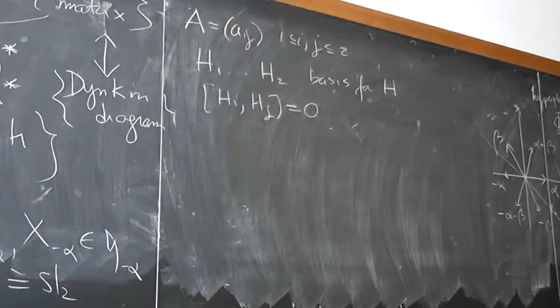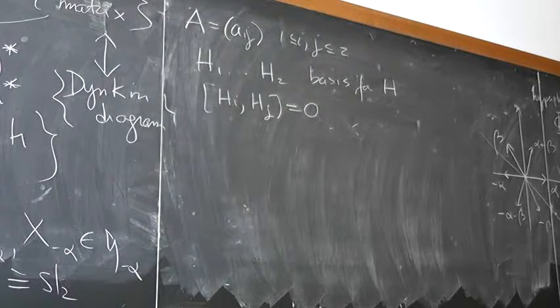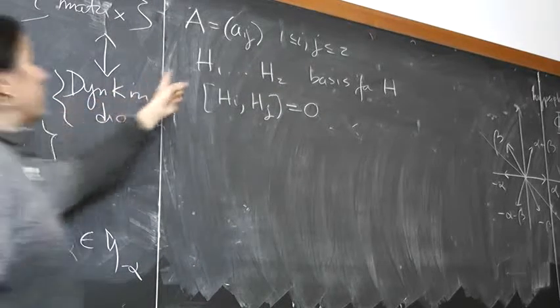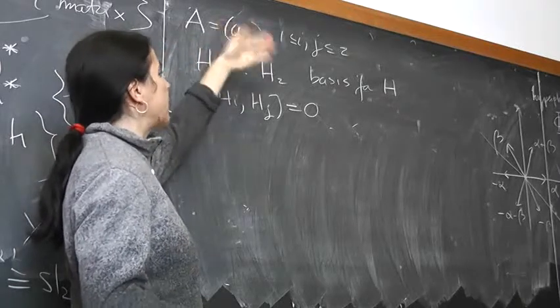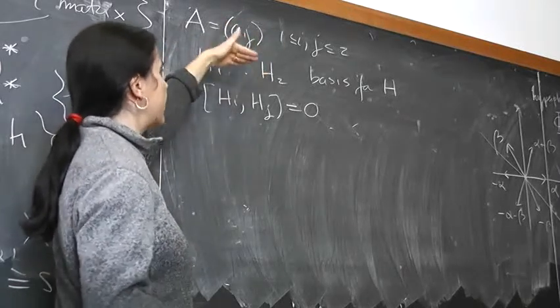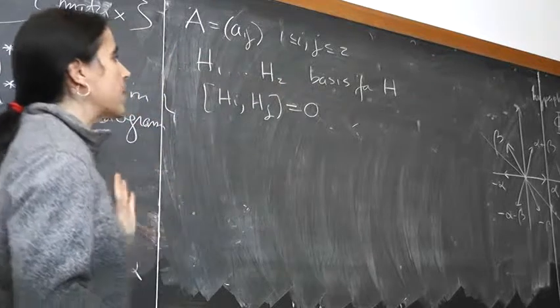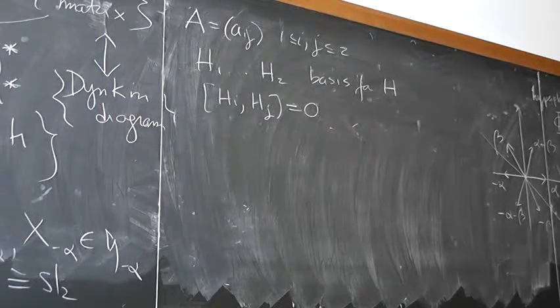Suppose I have a Cartan matrix. What is the Lie algebra corresponding to it? Certainly the dimension of the Cartan must be the same as the rank of the matrix. And if I choose a basis H1 through Hr of elements of H, the brackets must be 0 because the Cartan is abelian.